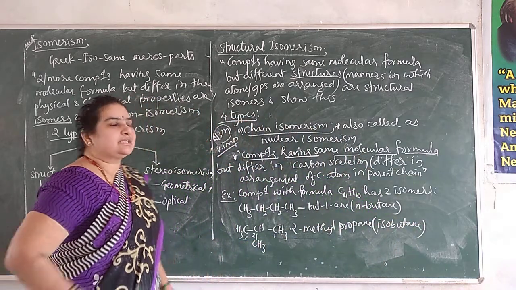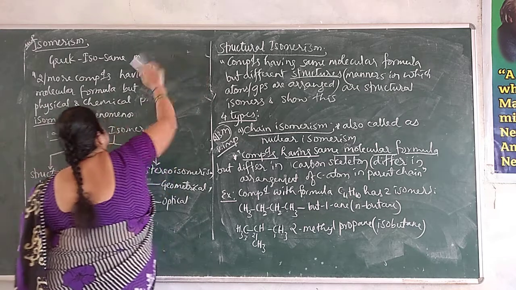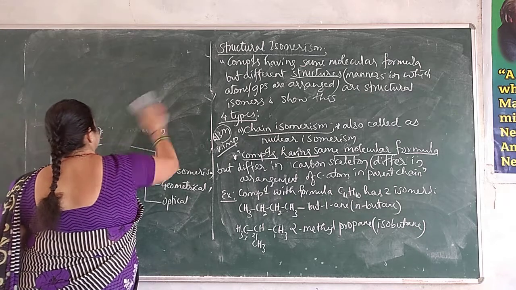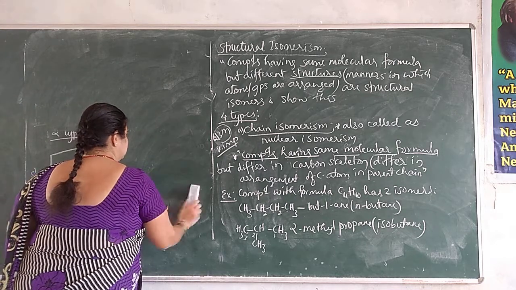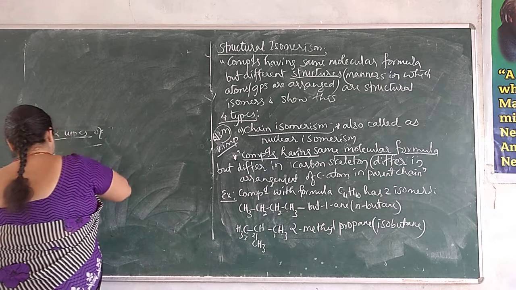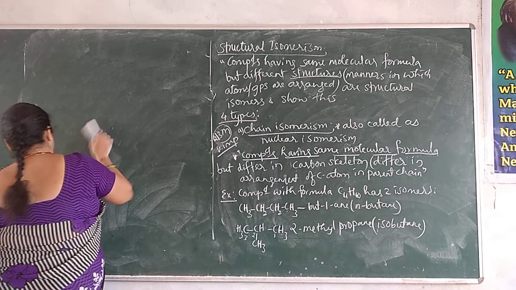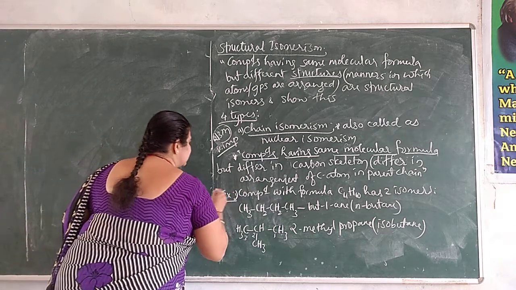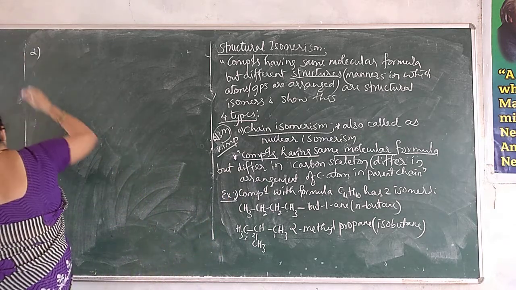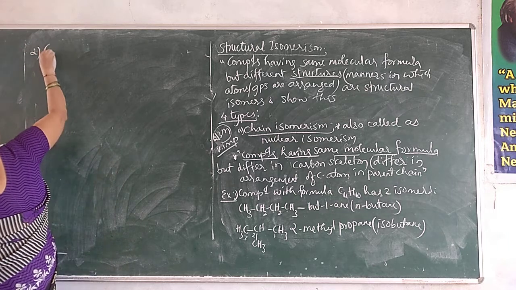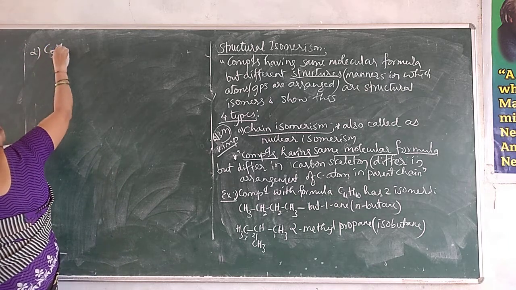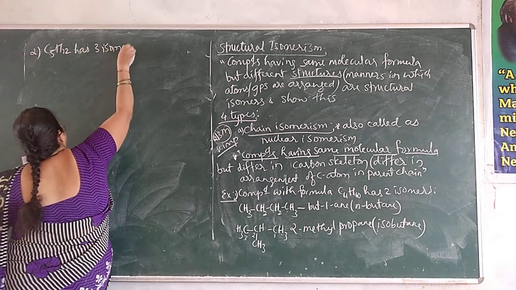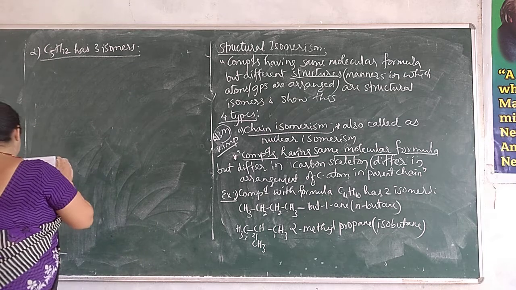Okay, now the next example, the second example for chain isomerism. C5H12 has 3 isomers.